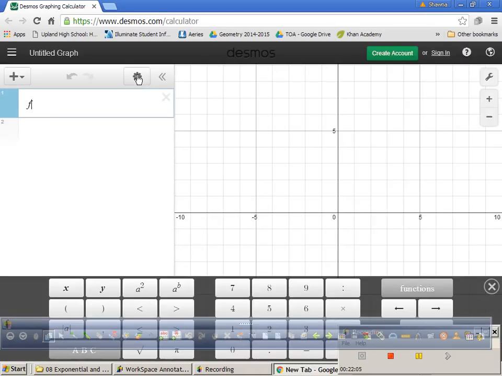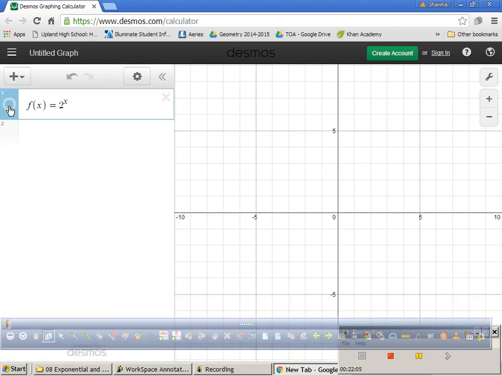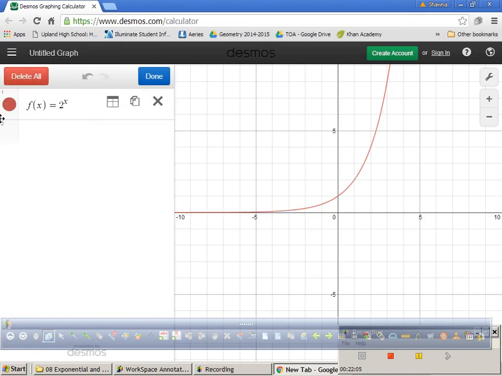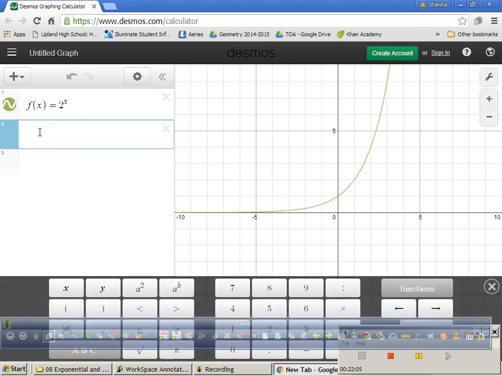All right, so the first one we're going to put in is f of x equals 2 and then a base, the a to the b right here, to the x. So that's my red line. Let's change it and make it green. So it matches my other one. Done.